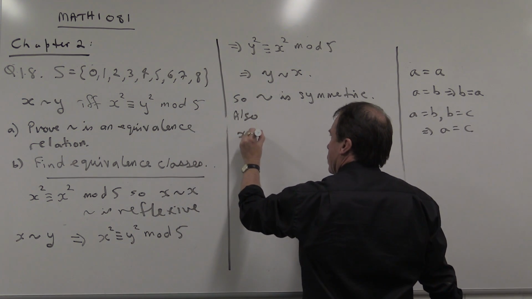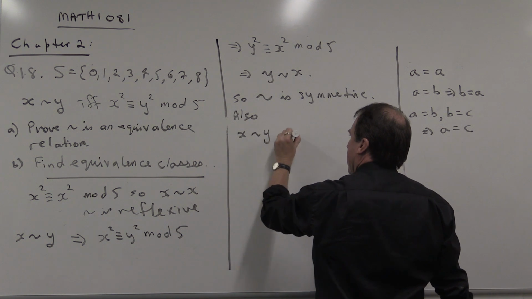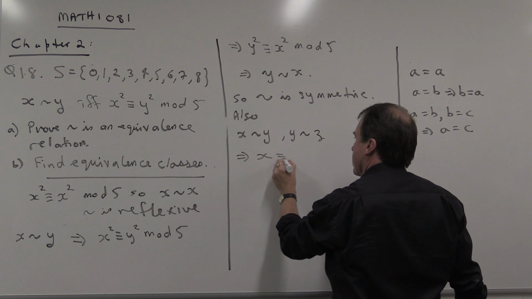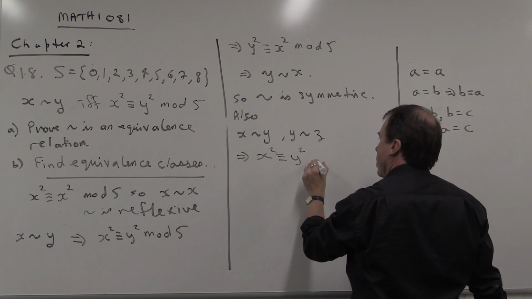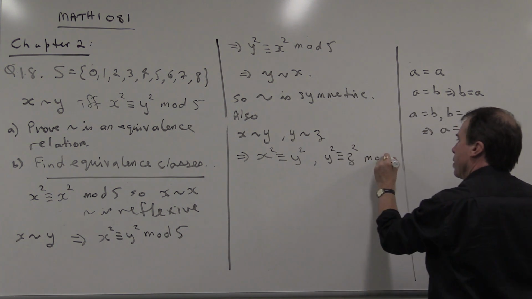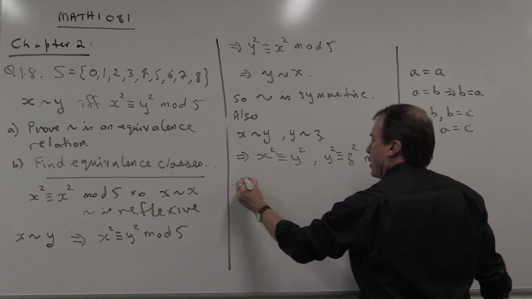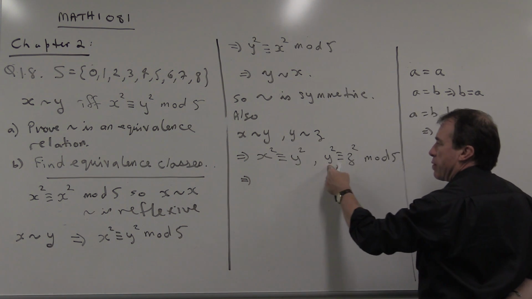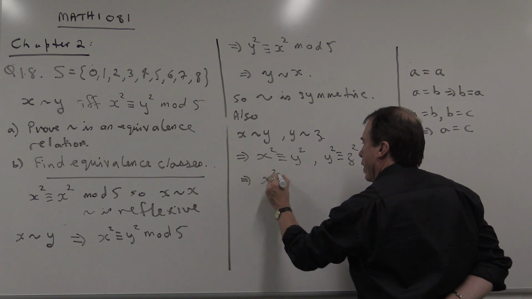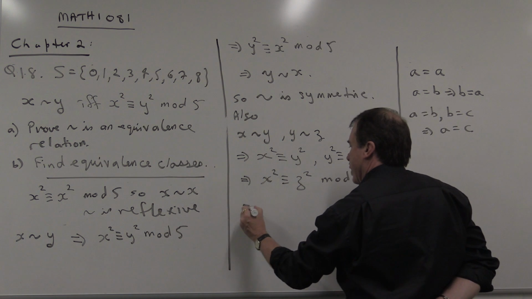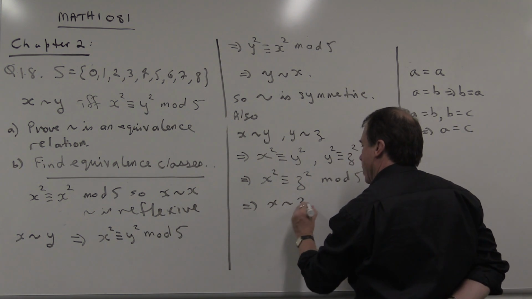And finally, if x twiddles y and y twiddles z, that tells me x squared is congruent to y squared and y squared is congruent to z squared mod 5. Then just using properties of congruence, if they're the same mod 5 and they're the same mod 5, then x squared and z squared are the same mod 5. And that tells me that x twiddles z.